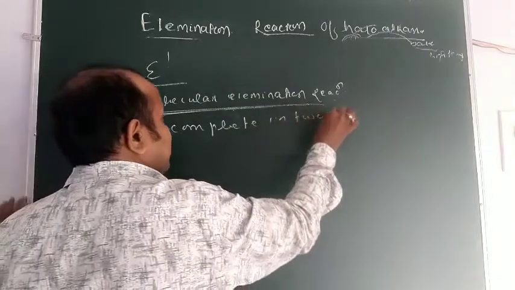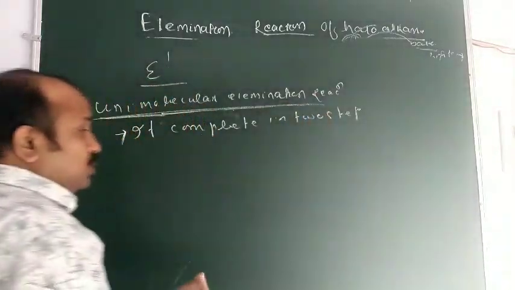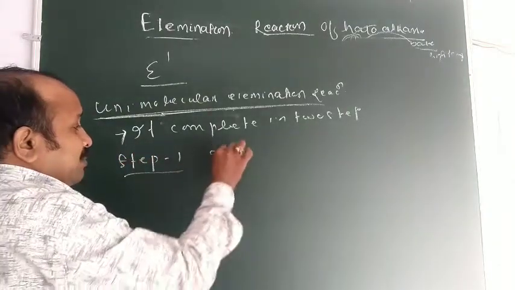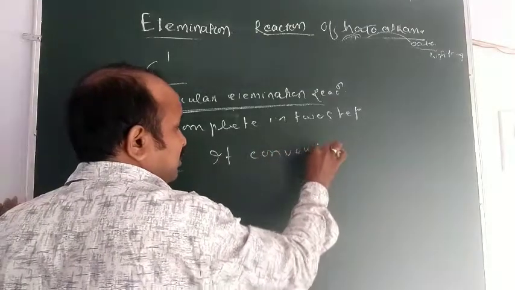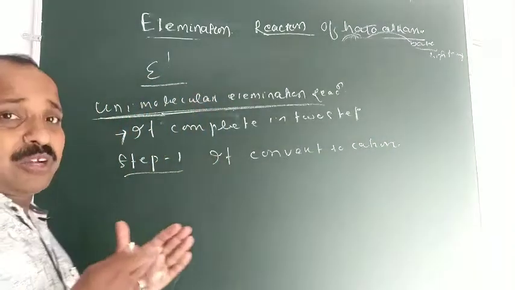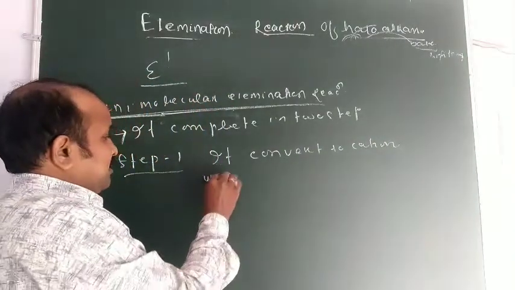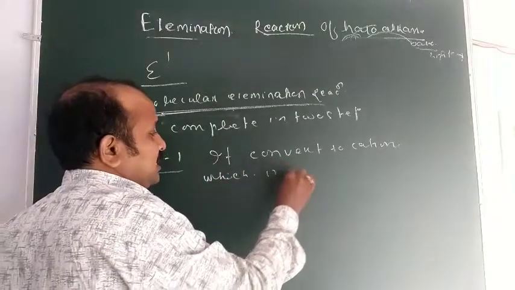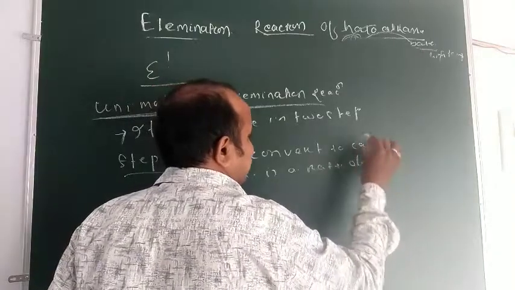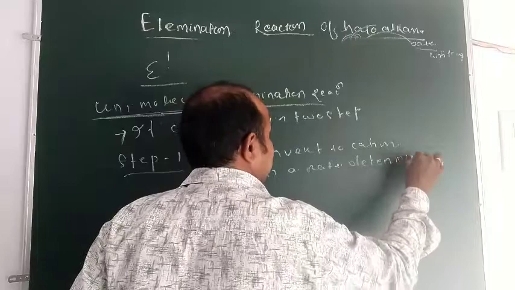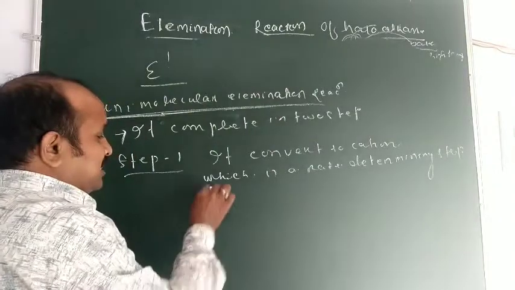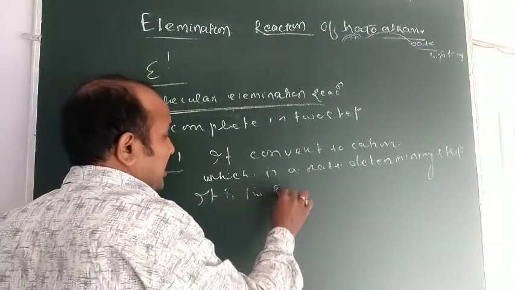In step one, it converts to a cation, which is the rate determining step, RDS, the slowest step.